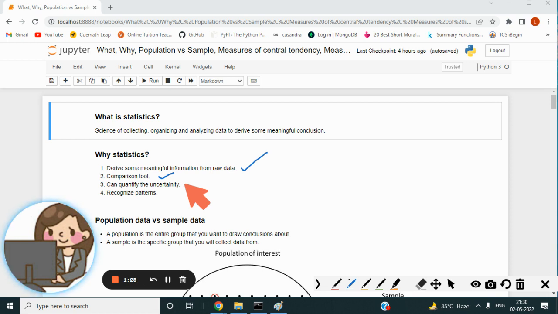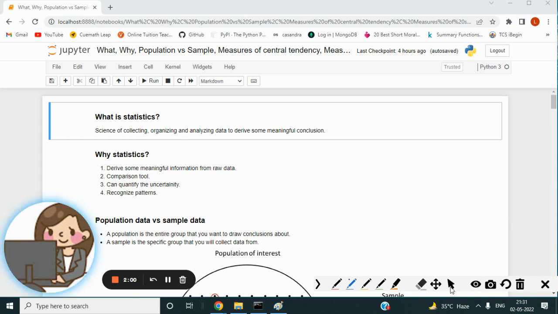What is this chance? It is an uncertainty that we are mentioning there. Using statistics, we can quantify it. We can say that there is a 95% chance that some event can occur. And the last is that it recognizes patterns in the data that we are having. These are some useful parameters of statistics which help us in deriving some meaningful conclusion from the data.